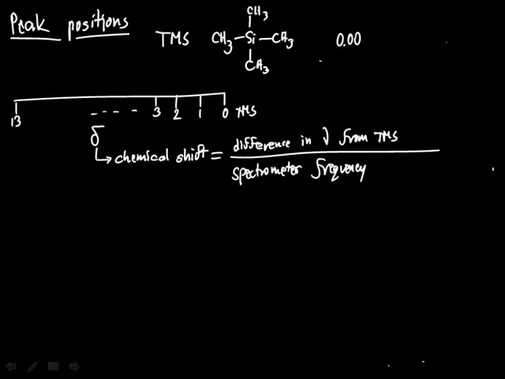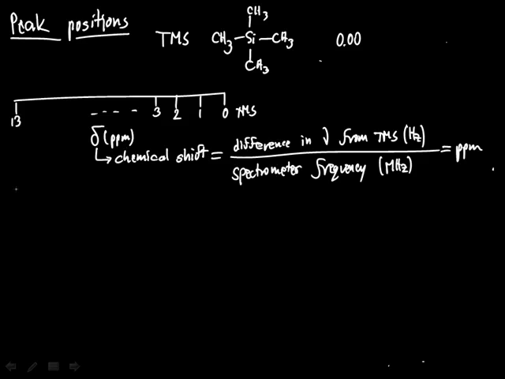The difference in frequency is very small, typically expressed in hertz, while the spectrometer frequency is expressed in megahertz, because it's in the radio wave range. If we divide these two values, we come out with ppm, parts per million, which are otherwise dimensionless units, showing us that these differences are really very small. But even though they're small, they can clearly be distinguished from each other, so this is a very useful technique nevertheless.